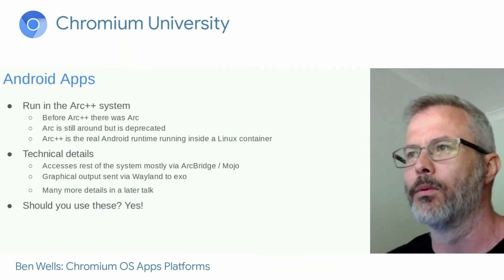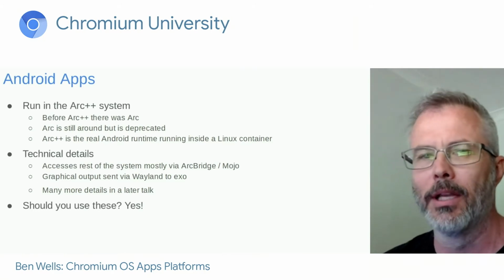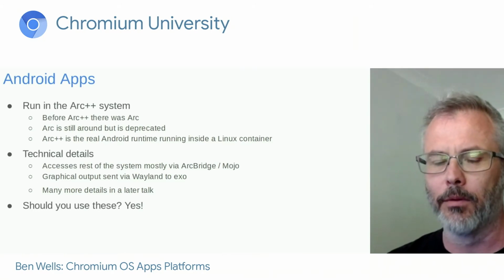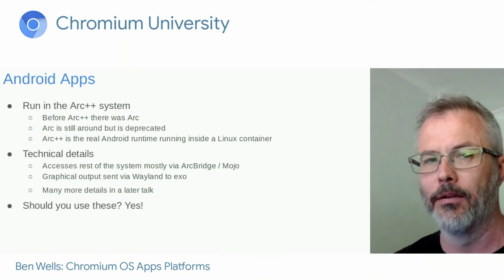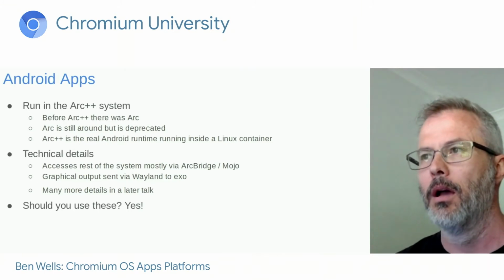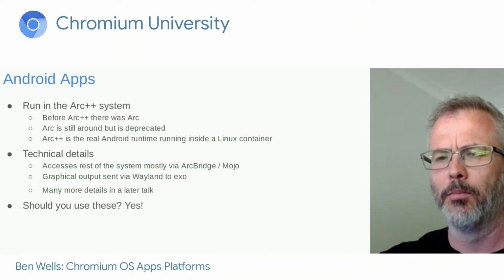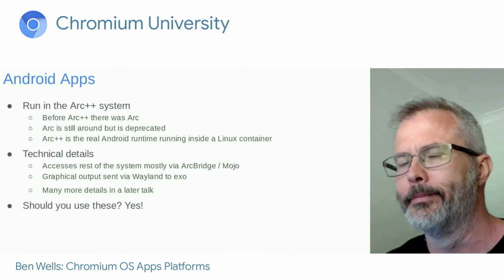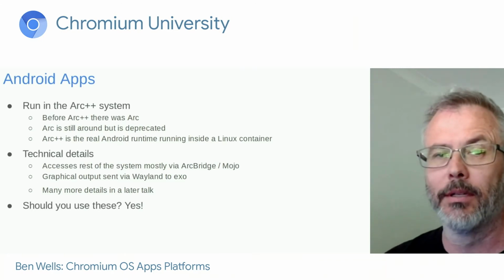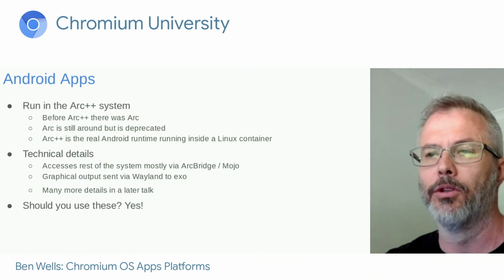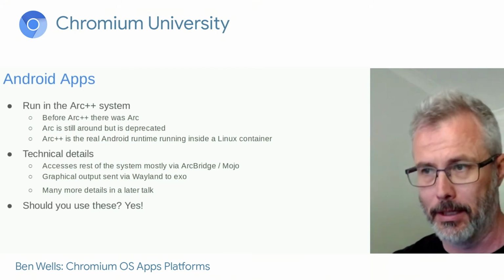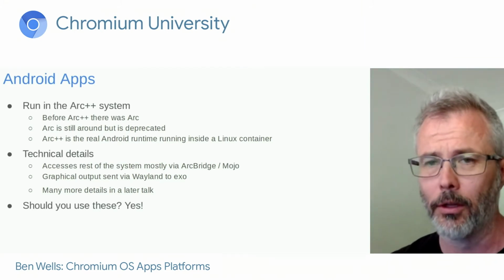Arc was, I think, an emulated thing where part of it ran in a Chrome app container, a V2 packaged app container. Each app ran like that, and it had this big support library which provided the Android runtime. For whatever reason, that's now deprecated, and the new model is to actually run real Android inside a Linux container, which just works a lot better.